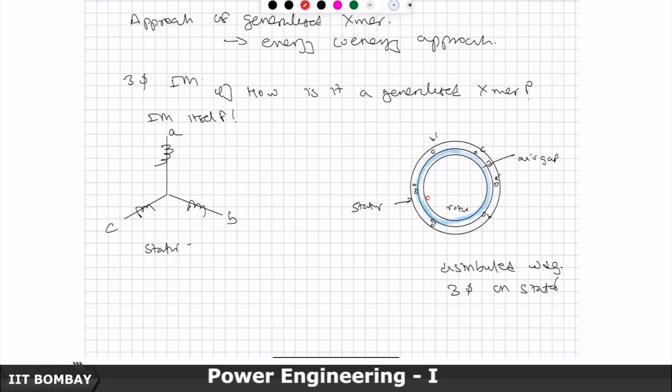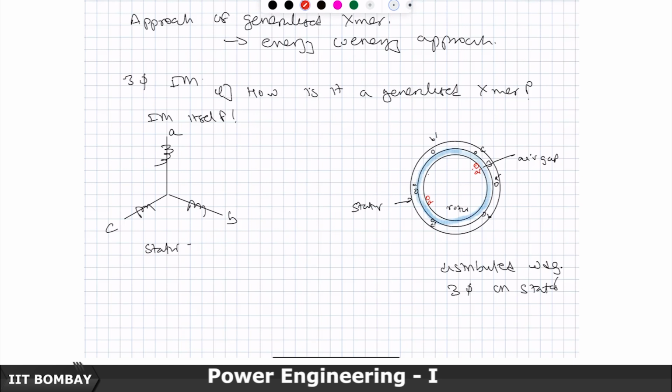So let us say this is A, but in my mind I find it difficult to imagine the A dash displacement, like say 10 to 15 degrees further on the rotor.